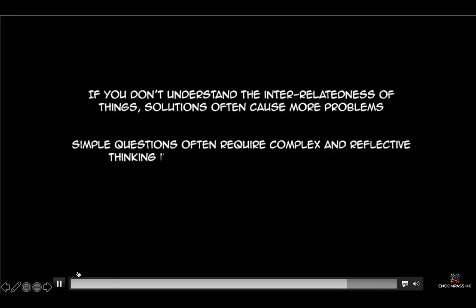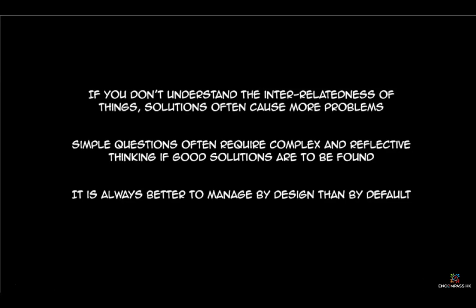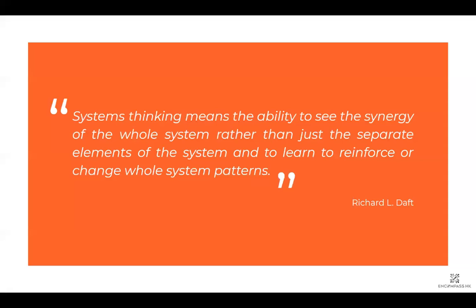So, yep. I hope this was a very real example of DDT, that it actually causes more problems. So we want systems thinking so we can see the synergy of the whole system and how it works.